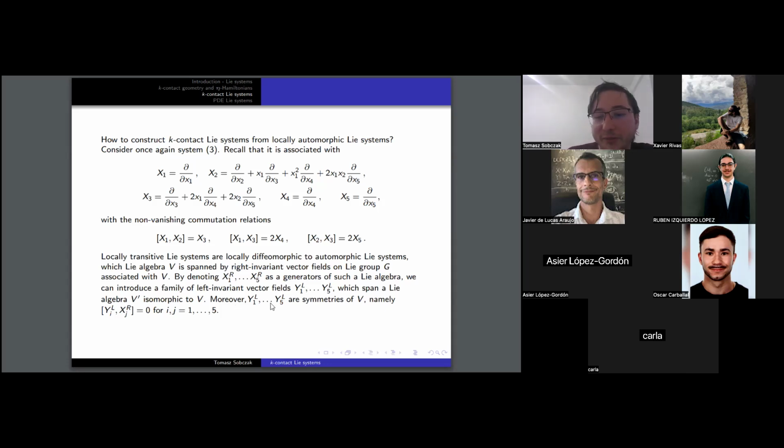Because they are symmetries of V, namely they commute. And this is what we wanted before. And we will use it later if we want to make more interesting contact Lie systems, but this property is very important and very useful because we get Lie symmetries almost from nothing.